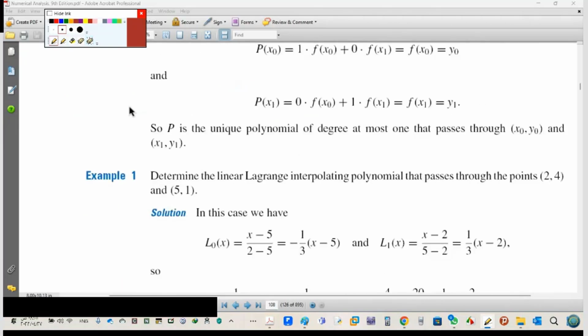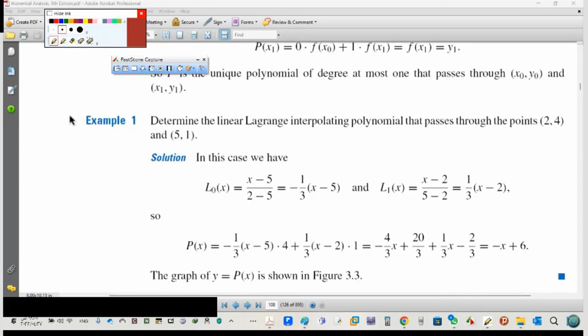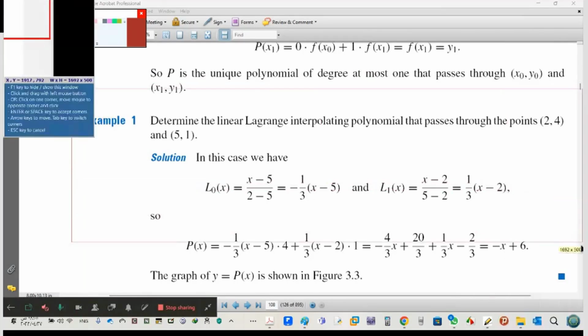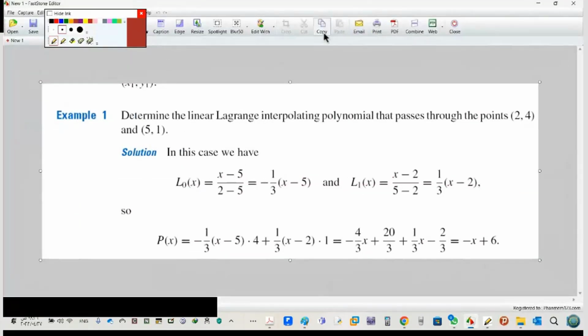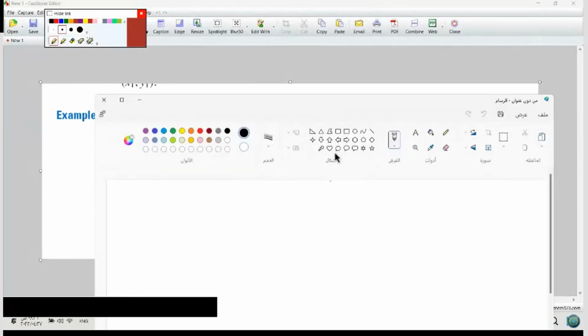Let's go to the question and try to understand it.